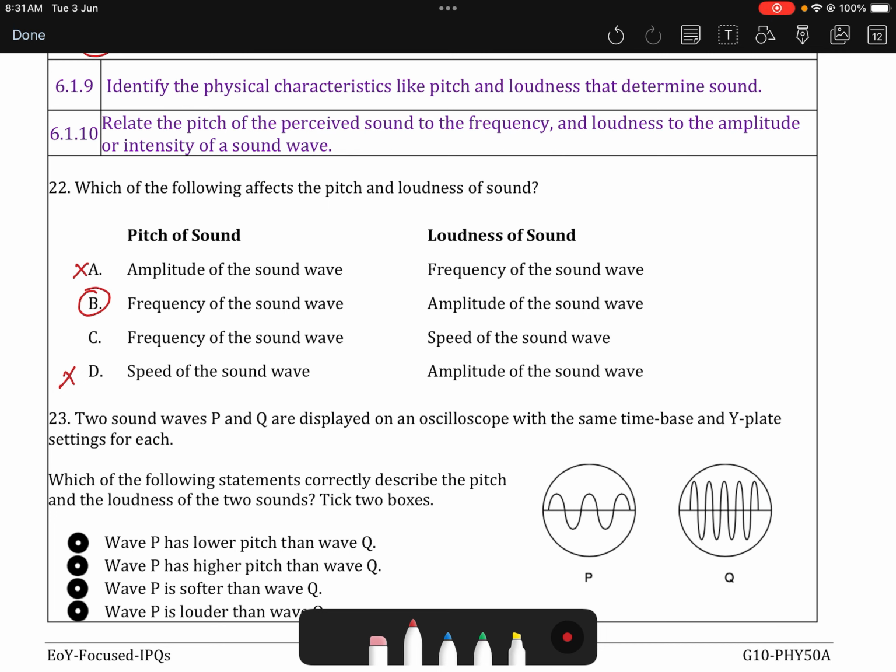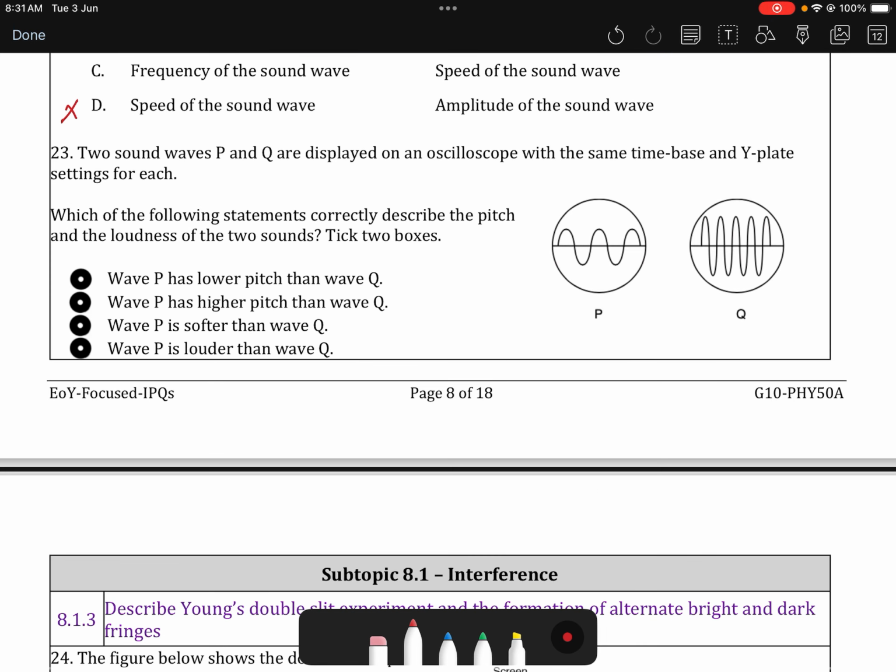Question number 23. Now please read the question. Which of the following statements correctly describe the pitch and the loudness of the sound? Actually, we just talked about them. Which one has higher frequency?